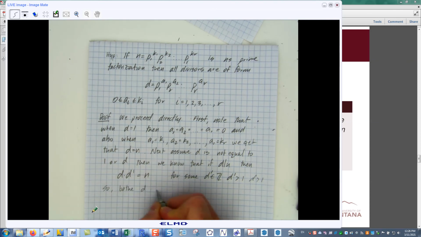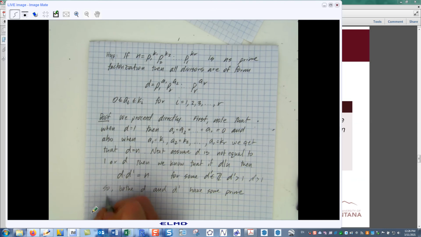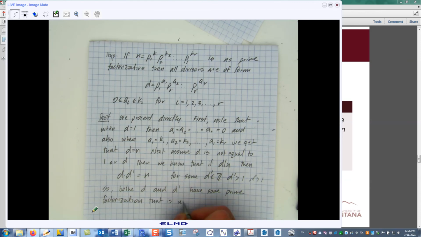Both d and d prime have some prime factorization, and that is unique. That's the FTA, the fundamental theorem of arithmetic.